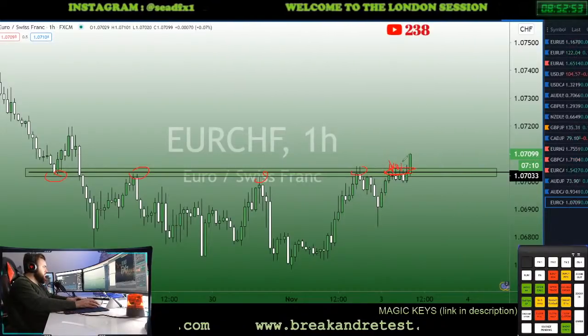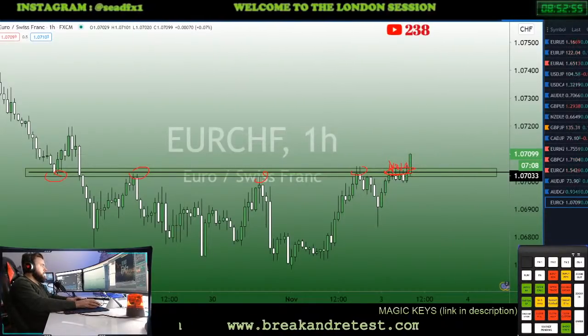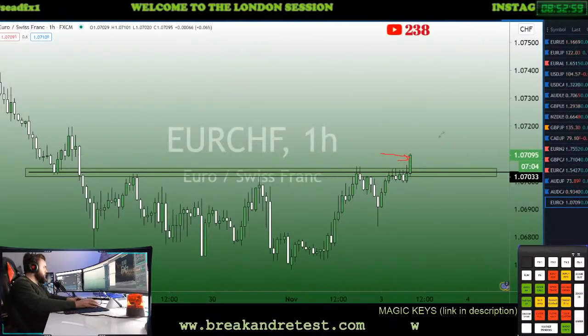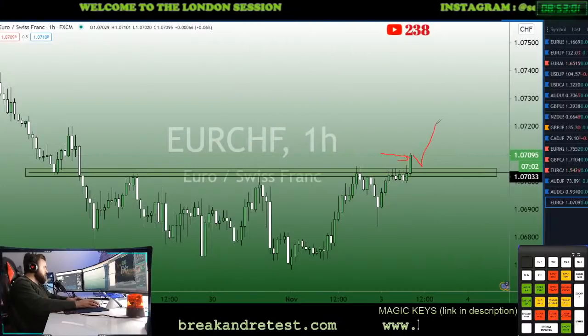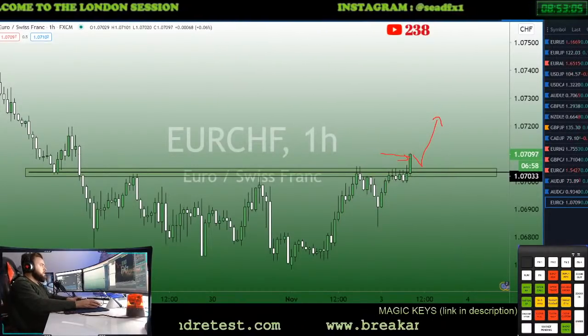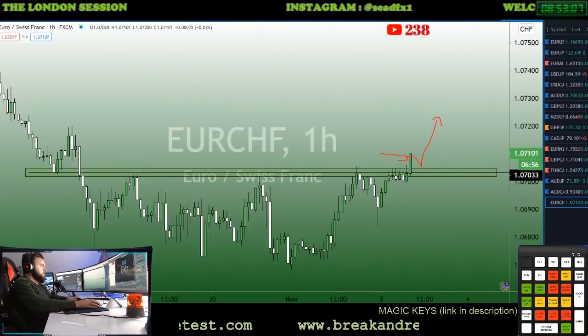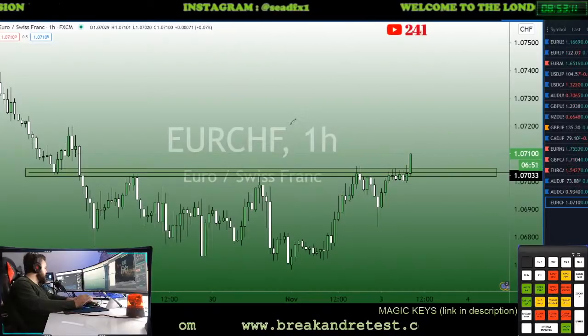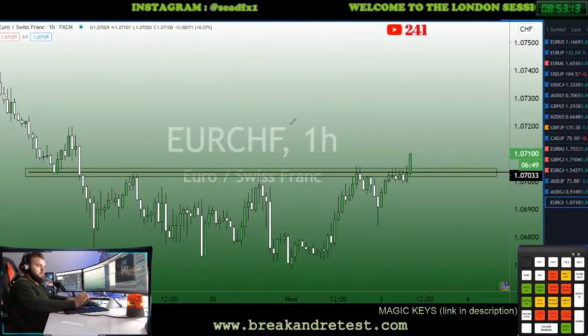Just look at how many candles try to break above. They couldn't. Then we have this big bullish candle that's pushing above. The retest and continuation expected here in around 5, 6, 7 minutes. We have 7 minutes left.